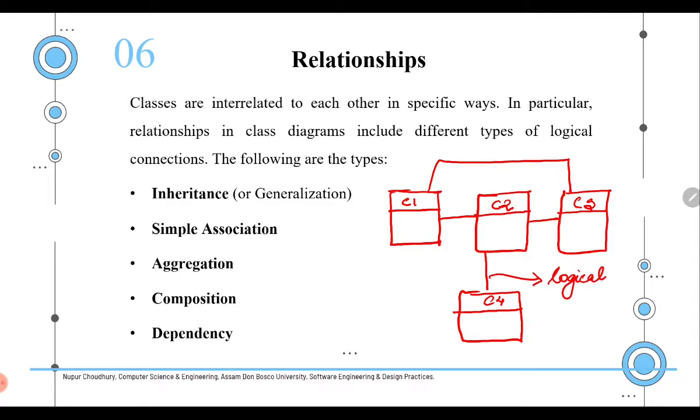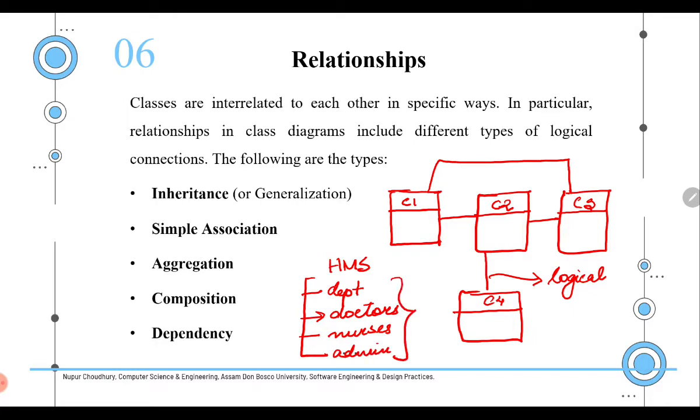So if we are talking about a hospital management system, in a hospital management system there are several factors like the departments, the doctors, the nurses, and probably the admin as well. So these are different classes which form the structure of the hospital management system. However, connection between them is equally important for successful implementation of the hospital management system.